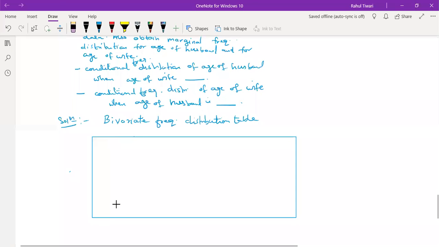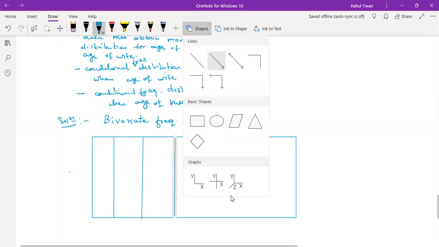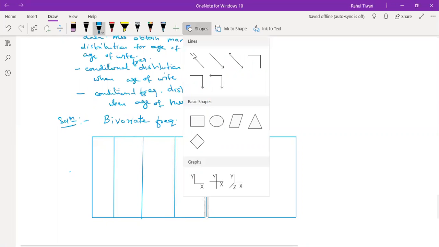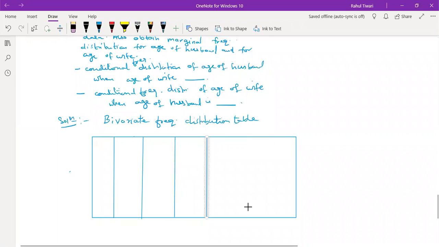So here we have x and y plotted, I can say. Then we have 18, 19, 20, 21, and finally we have a total.